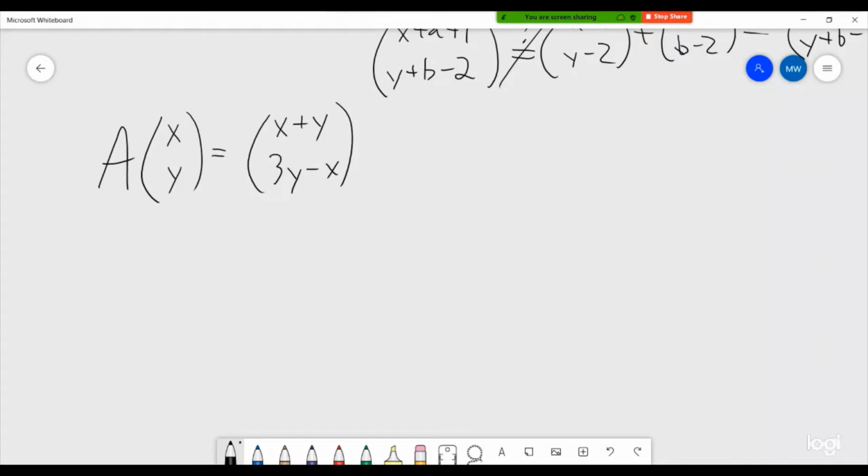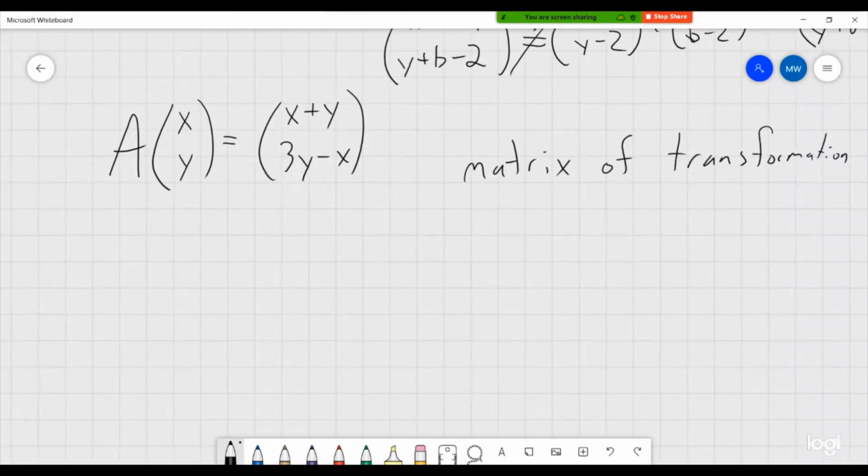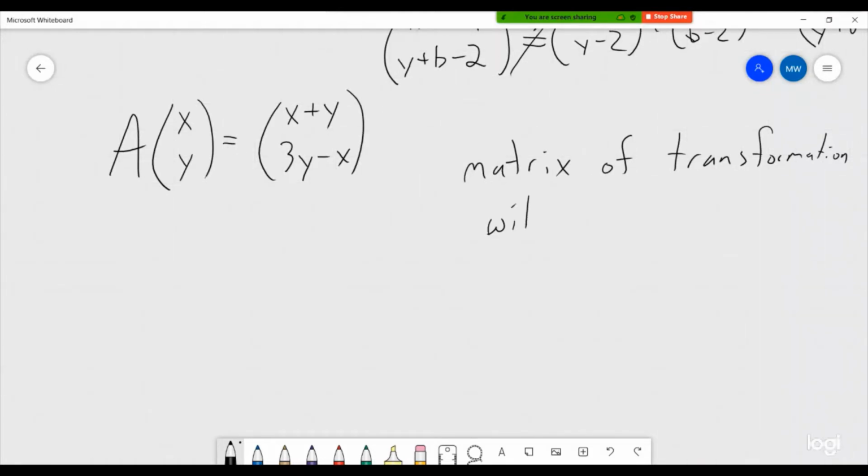And so we might want to say, well, what's the matrix of that linear transformation? This is where we have to say, okay, what's the basis of our system? Because in order to have a matrix, we need to have a basis.